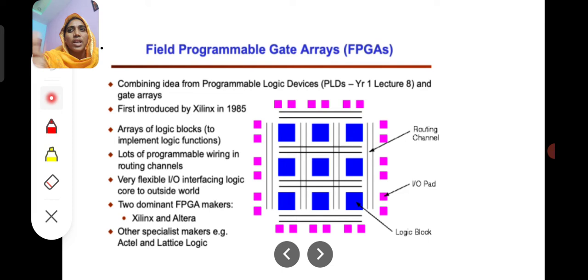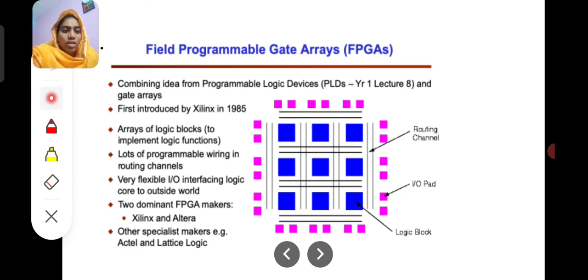If we want to change any program, we can change it using FPGAs, unlike ASICs. First programmable devices were programmable logic devices, the PLDs. Then CPLDs. Later we have FPGAs. FPGAs were first introduced by Xilinx in 1985.